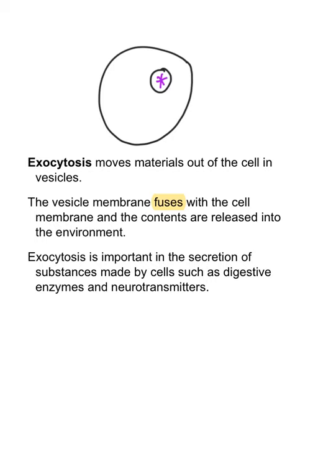Exocytosis is when we are moving materials out of the cell by using vesicles. The vesicle membrane is going to fuse with the cell membrane, and then the contents are going to be released into the environment. Exocytosis is important in the secretion of substances made by cells such as digestive enzymes and neurotransmitters.